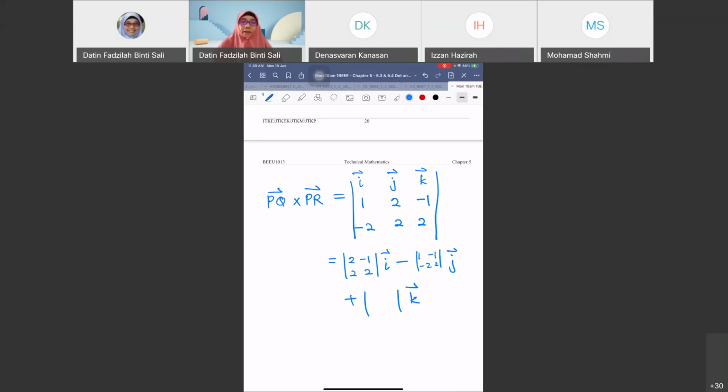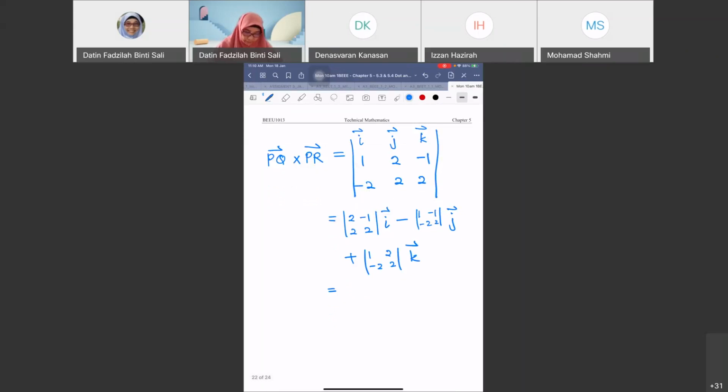And then for the k, you cover the last column, so it will be 1, 2, minus 2, 2. And then you compute correctly your 2 by 2 determinants.